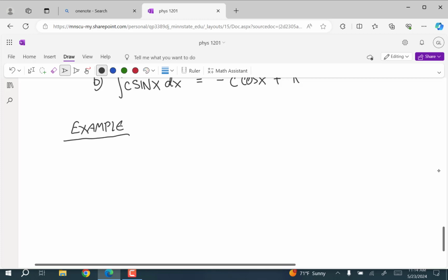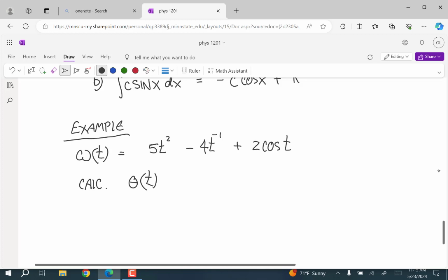So we'll say that the angular velocity as a function of time is equal to 5t squared minus 4t to the minus 1 plus 2 cosine of t. And we want to calculate the angular position of this rigid body as a function of time.